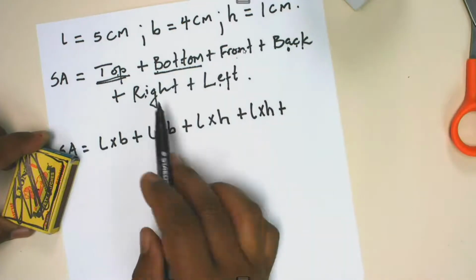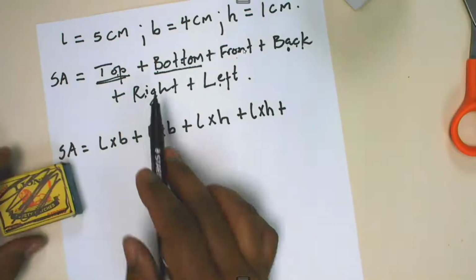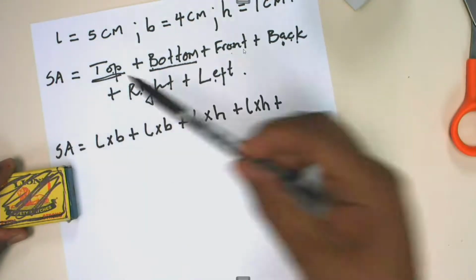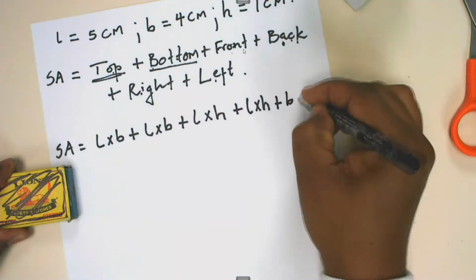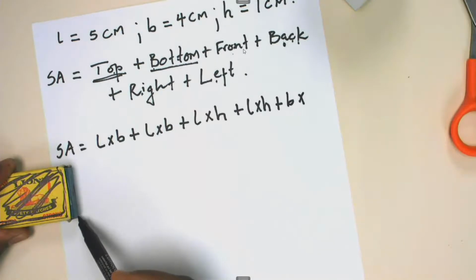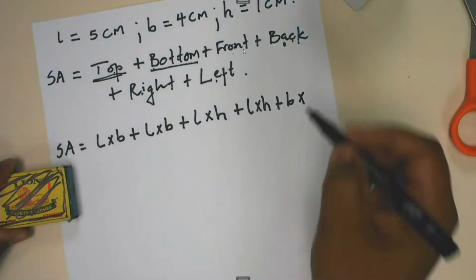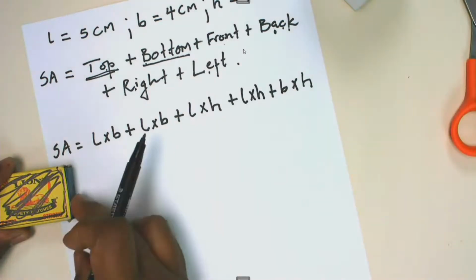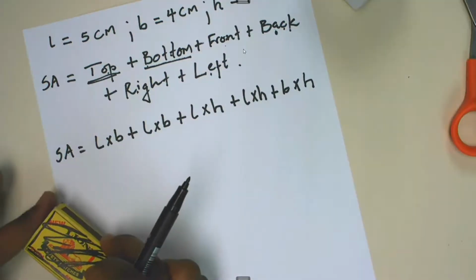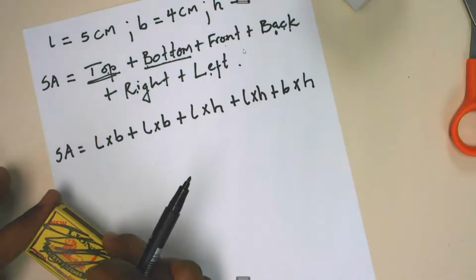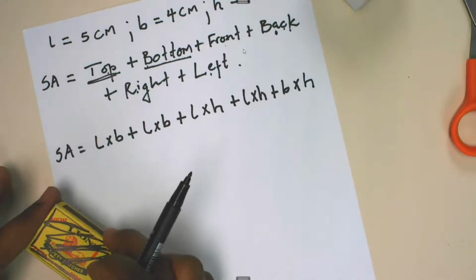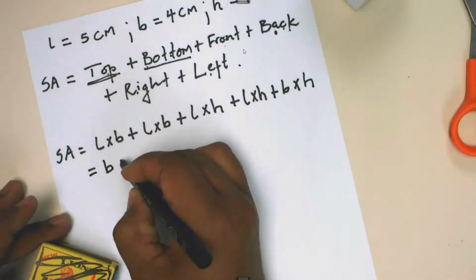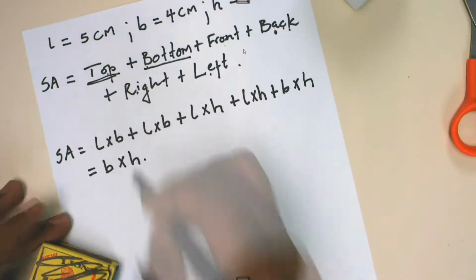Plus, the right-hand side. Let's look at the right-hand side. It is the breadth multiplying, look, this one now is going up, the height. Therefore, the left-hand side, we said it is exactly the same because the opposite faces are identical. It will also be the breadth multiplying the height.